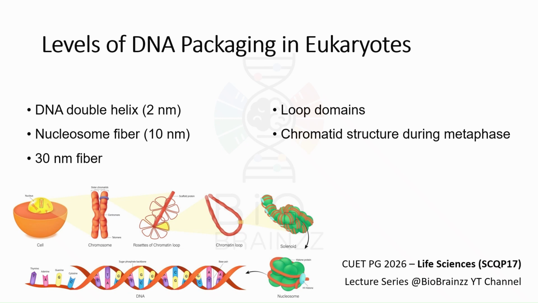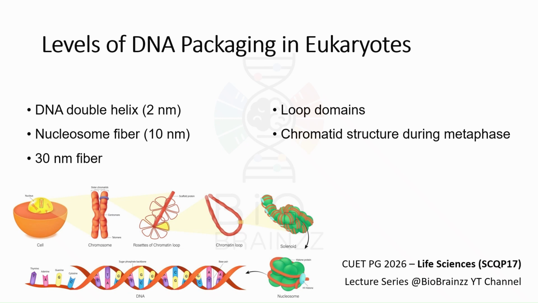These fibers are then organized into large loop domains, where sections of chromatin are attached to scaffold proteins. During cell division, especially in metaphase, these loop structures undergo even higher levels of condensation, forming the thick chromatid structure that we observe in dividing cells.